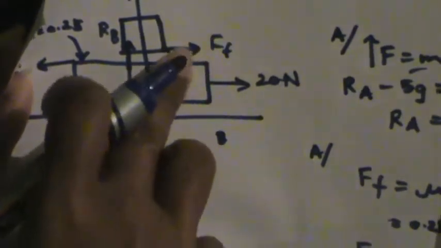Now when you consider the forces on these two objects, for A only the frictional force will be acting in this direction, according to the free body diagram. So a frictional force of 12.5 newtons will be acting in this direction.